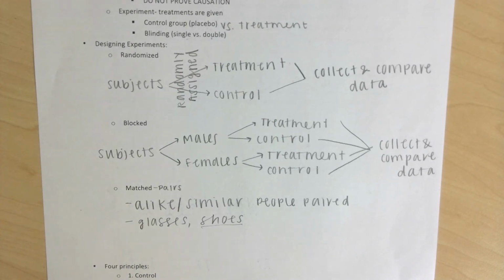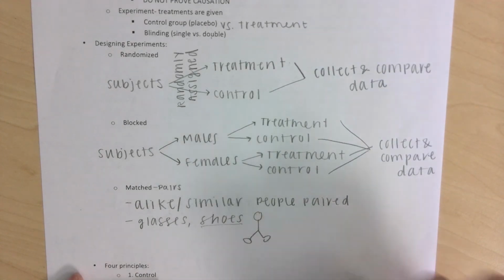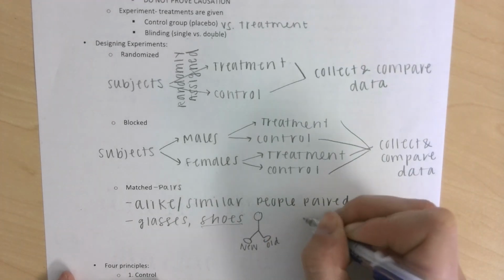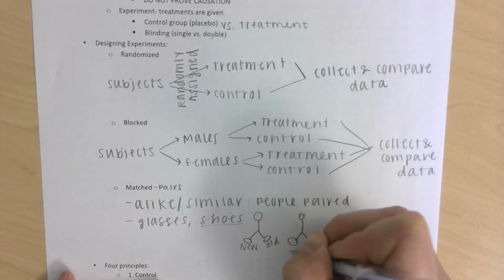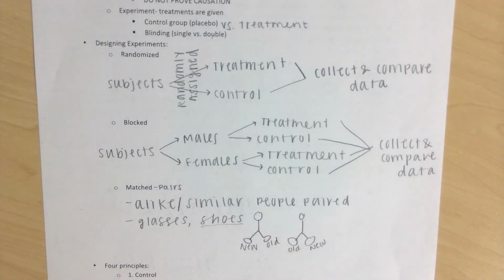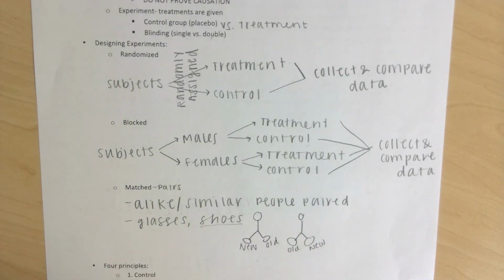And so then every person that's walking around would have both. So here's my person, here's their shoes. This guy would have the new spray and then the old spray. This guy, it might be switched. So maybe this is old and this is new. But that would be another example of a matched pair. The matched pair is just happening on one specific subject.